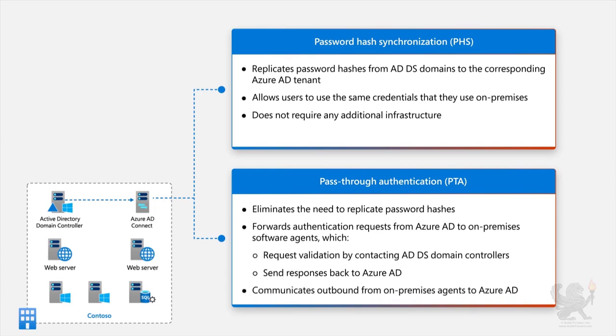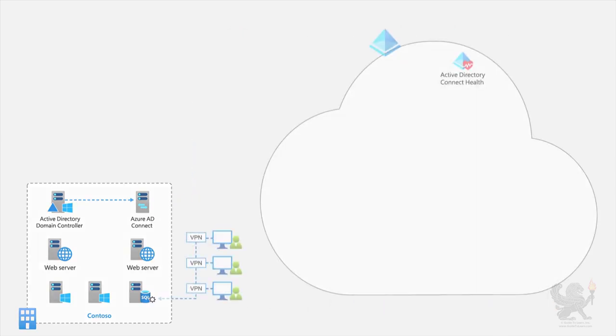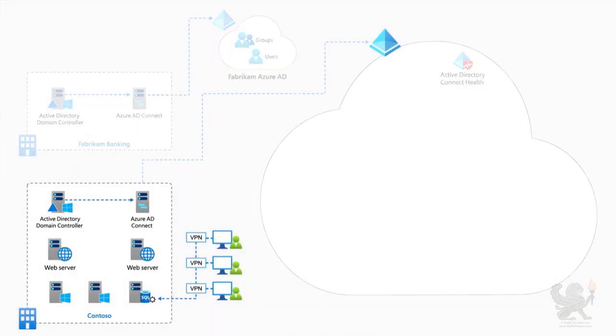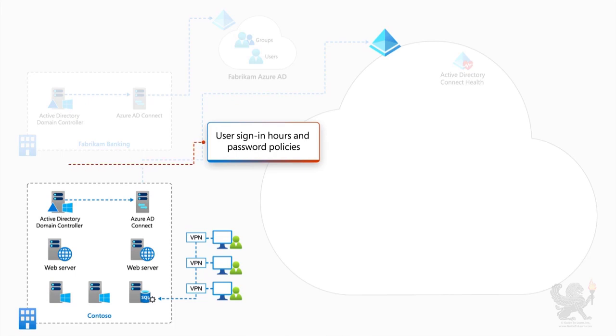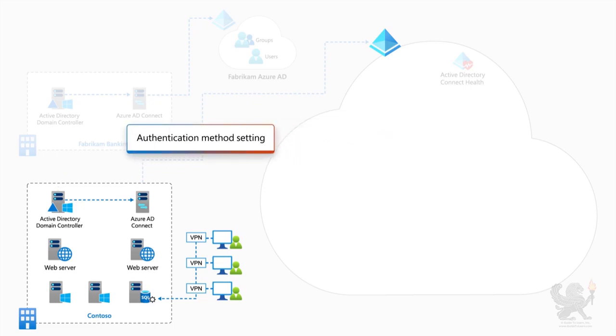The communication between the agents and Azure AD is initiated outbound, so it doesn't involve opening any inbound ports. The ability to enforce user sign-in hours and password policies defined in on-premises AD/DS domains when authenticating to Azure AD in hybrid scenarios is determined by the authentication method setting of the Azure AD Connect component.